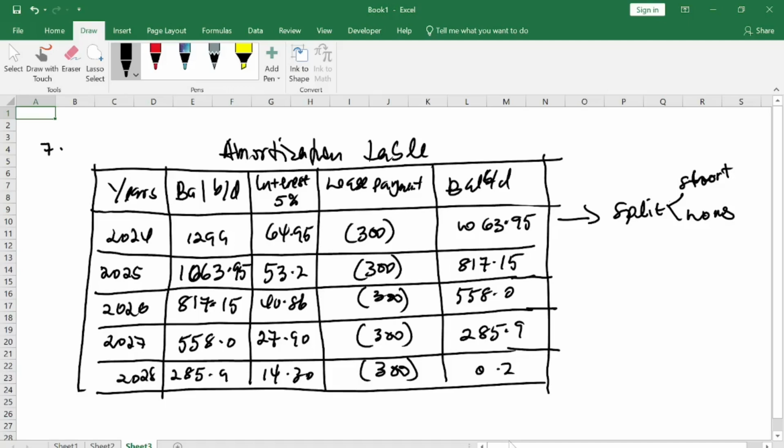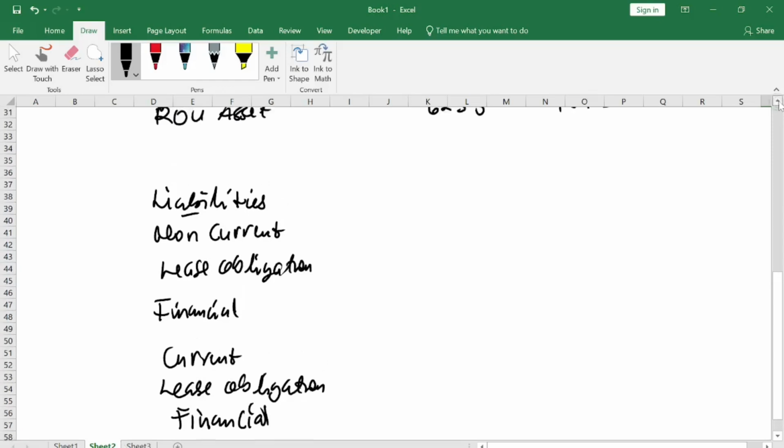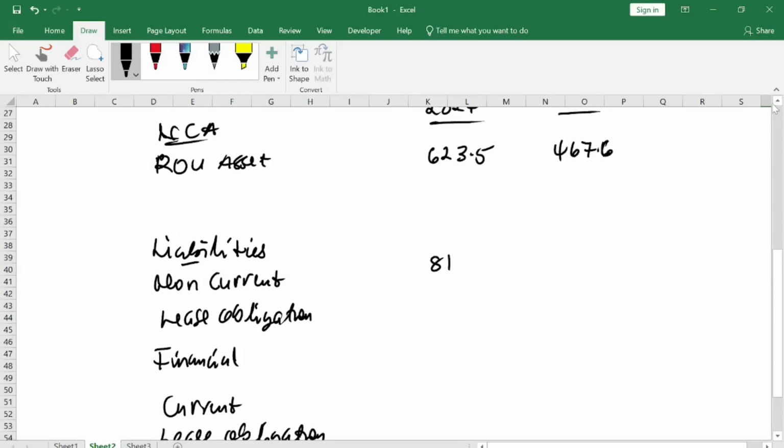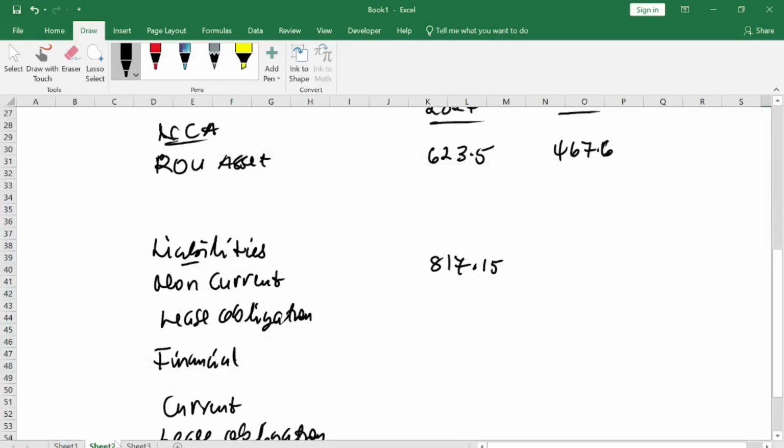So you see that there will be a split. When you add the two, it should give you 1,063. So the long-term liability here is 817.15. Then the next one, which is 558, will also follow suit.